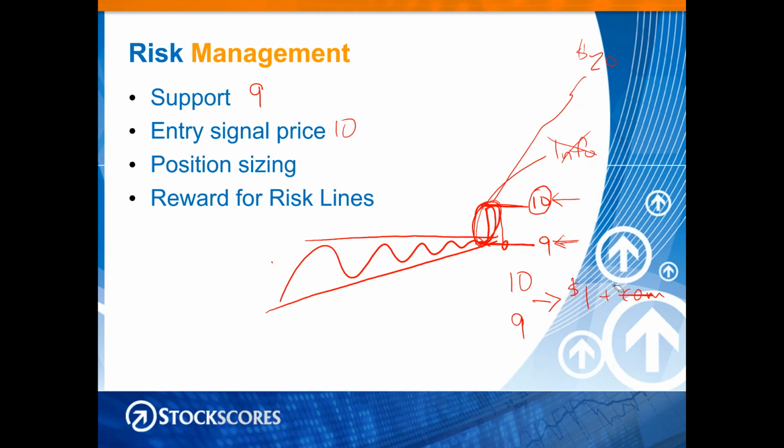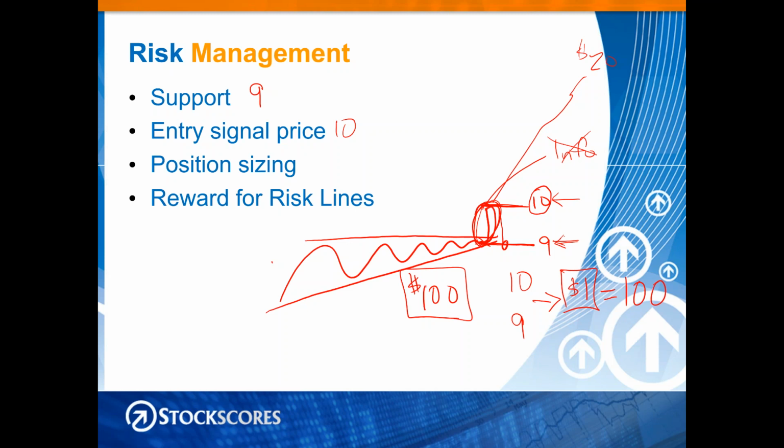Now, if we are willing to lose, let's say, $100 on any trade, then we would buy how many shares? $100 of risk divided by $1 of per share risk is equal to 100 shares. So in this example, if you are willing to lose $100, you buy 100 shares.